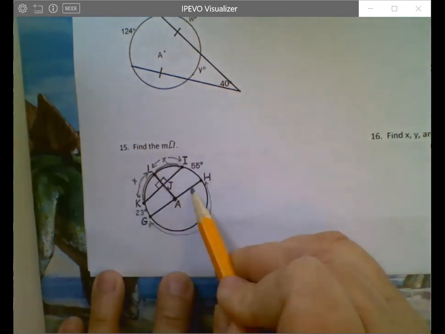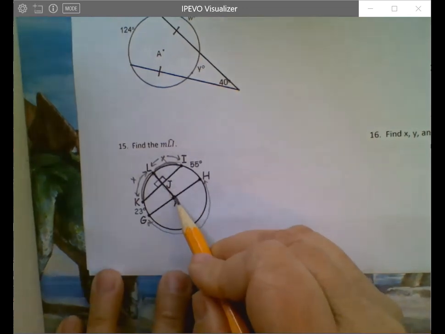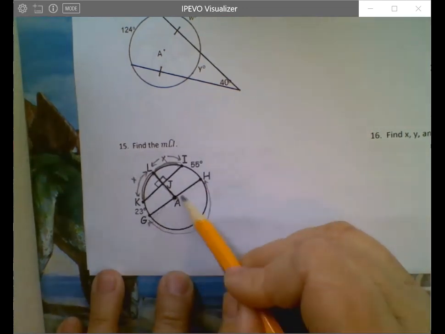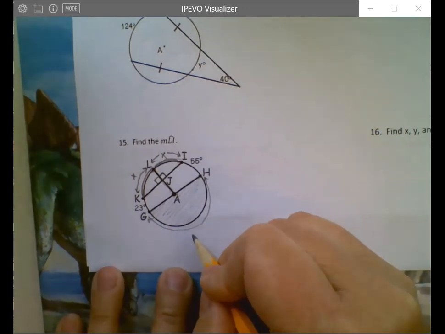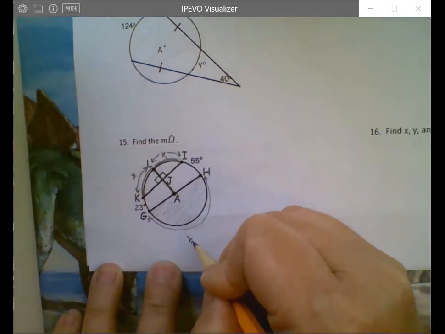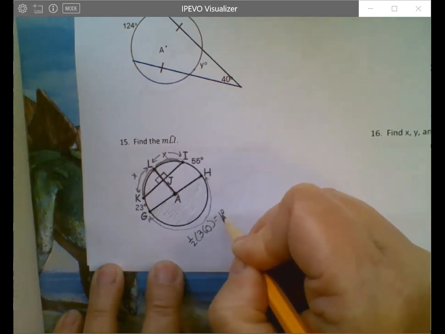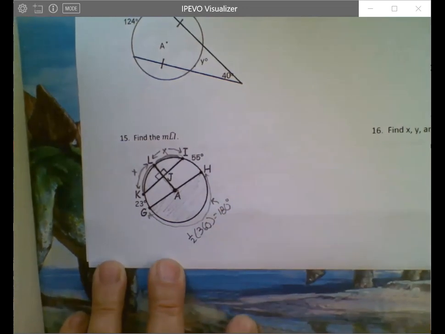Line segment GH is a diameter of that circle. It is going through the center of the circle, which means this is exactly half the circle. This is a semicircle right here. And this arc is half of a circle. 1/2 of 360 equals 180 degrees. So this arc is 180.